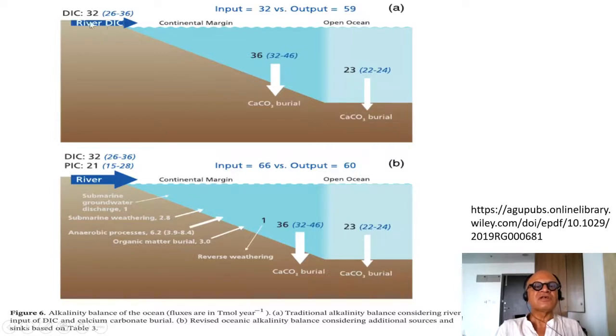When you just consider river fluxes, you have dissolved inorganic carbon of 32 teramoles per year with a range in the continental margin. You export calcium carbonate of 36, and there is 23 going buried in the open ocean. Why is there more burial here?